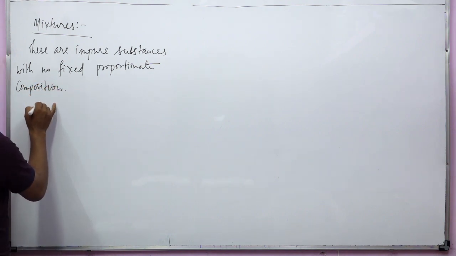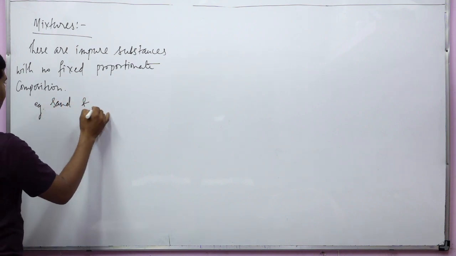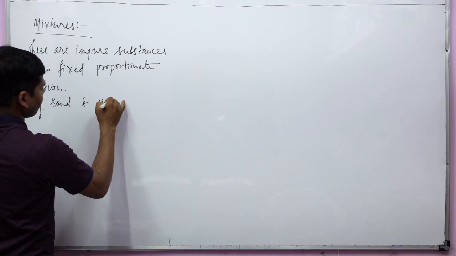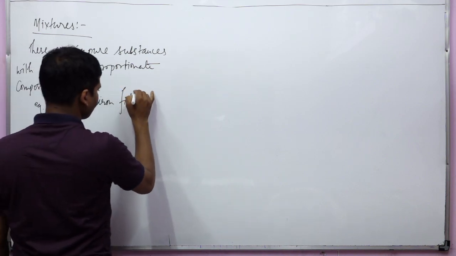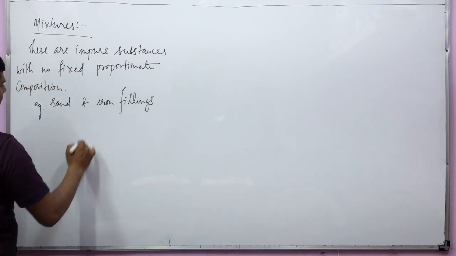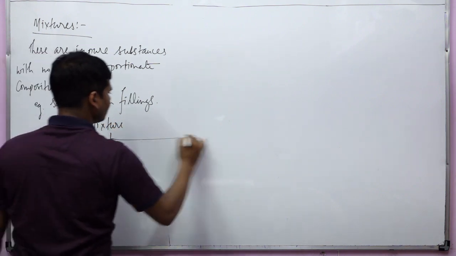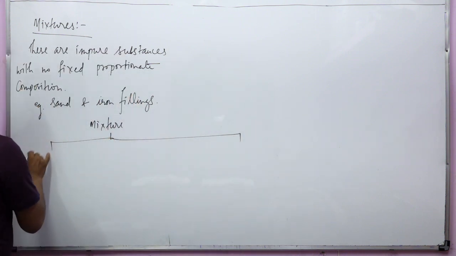You can take, for example, sand and iron filings. It is a mixture, and mixtures are of two categories.